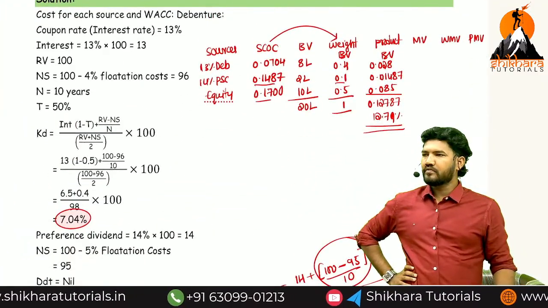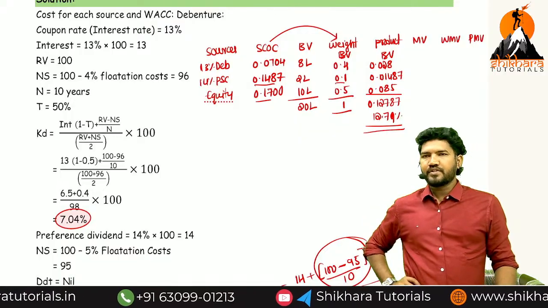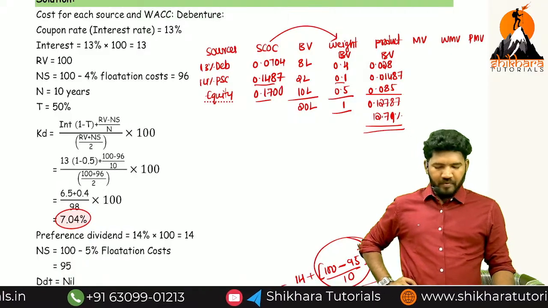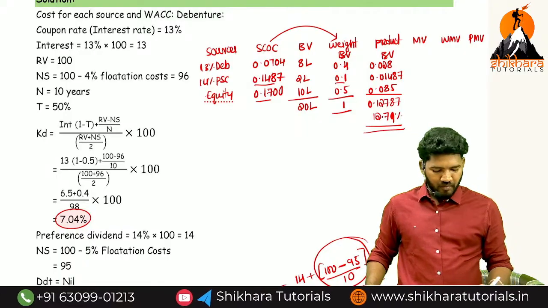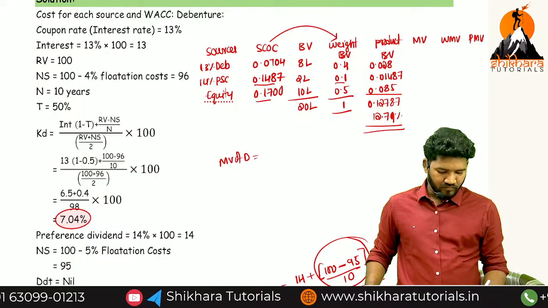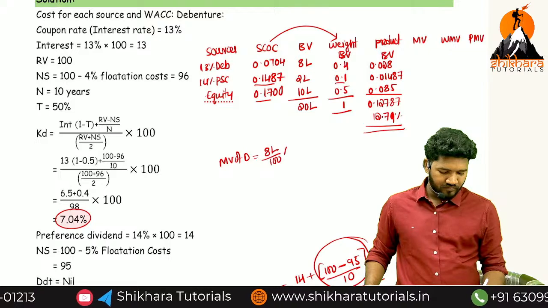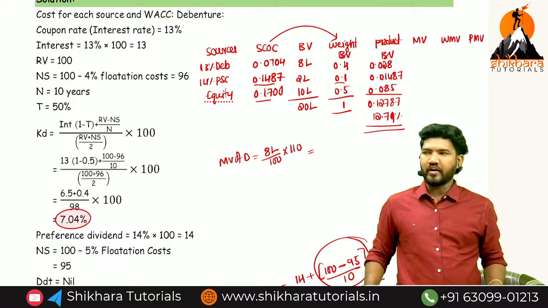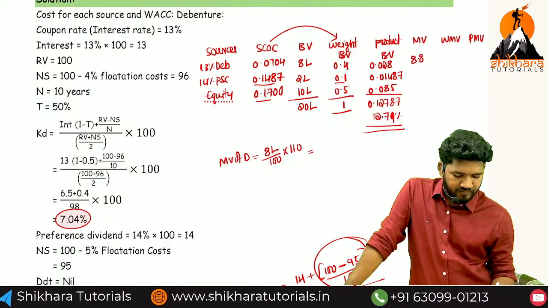Are you clear? Now please tell me the market values. Number of shares or debentures into market price. How do we get the number of debentures? Amount of capital divided by face value. Now what about the amount of capital? 8 lakh divided by 100 rupees into 110. Now we will get market value for debt, 8.8 lakhs.